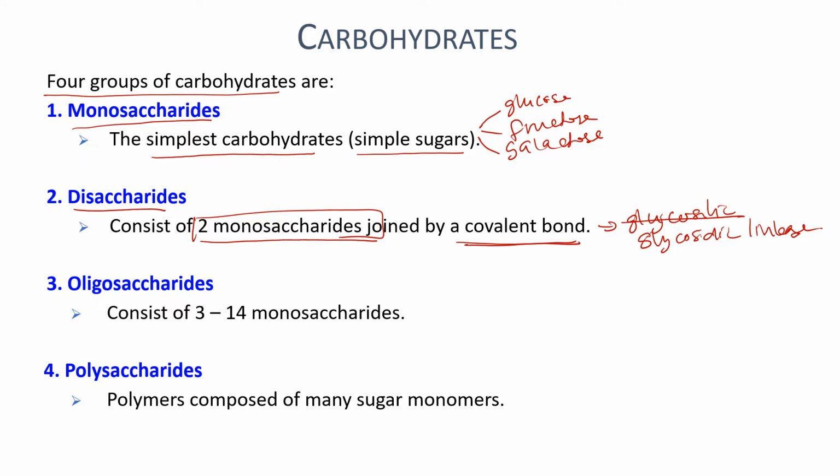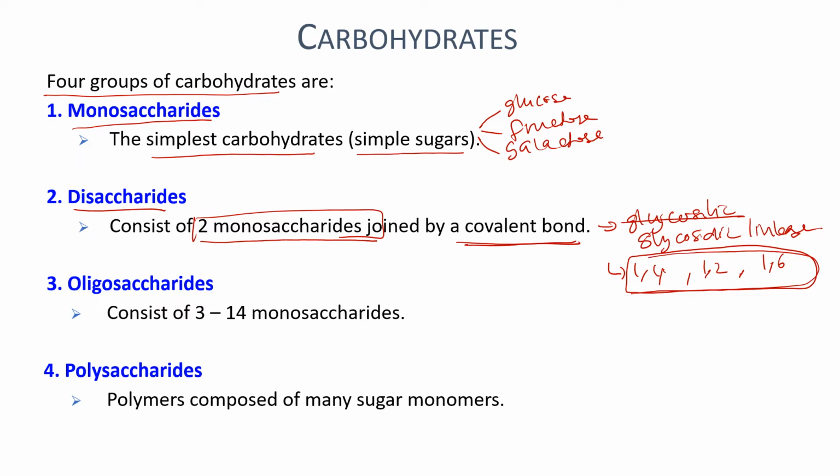So there are several types of glycosidic linkage based on the position of carbon atoms that link the two monosaccharides together, which are 1,4 glycosidic linkage, 1,2 glycosidic linkage, and also 1,6 glycosidic linkage. Later we are going to look at where we can find these different types of linkage.